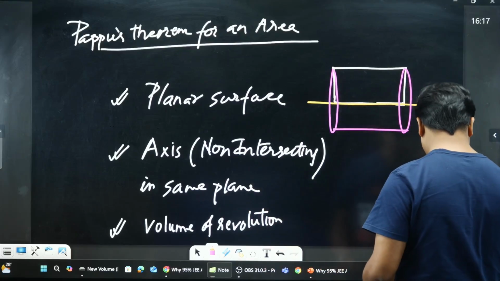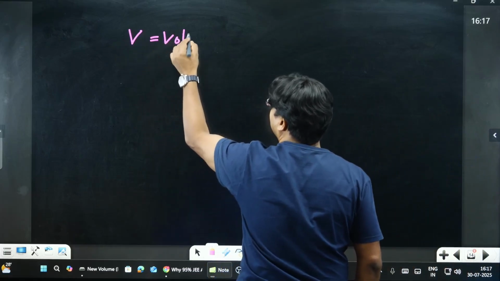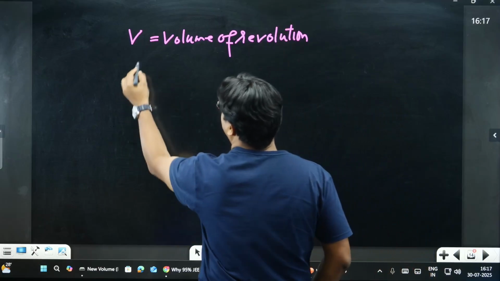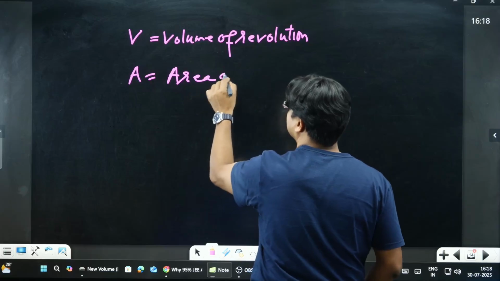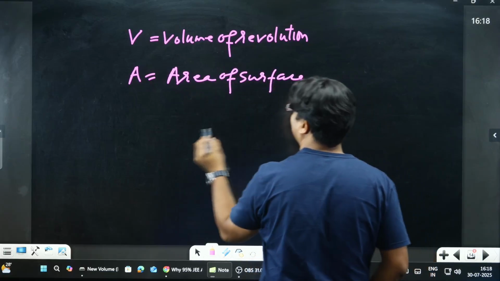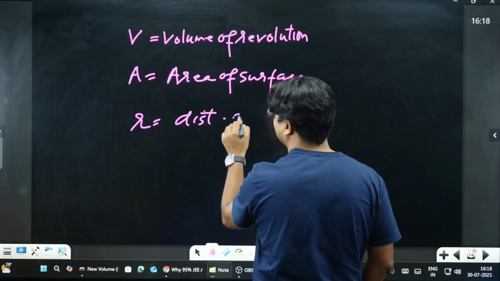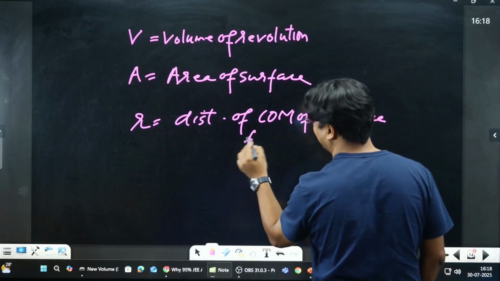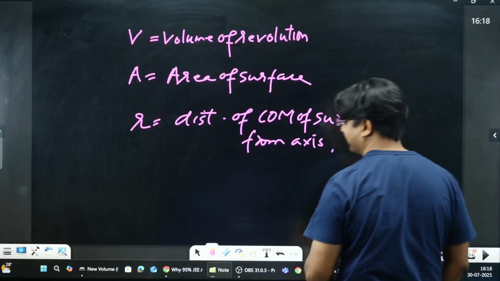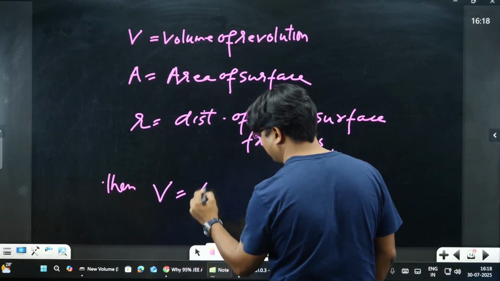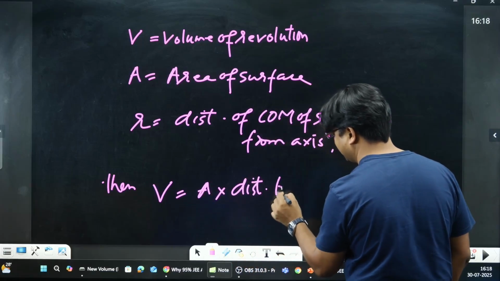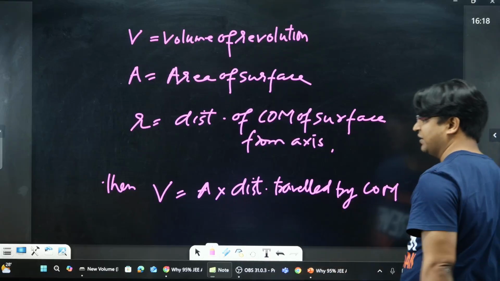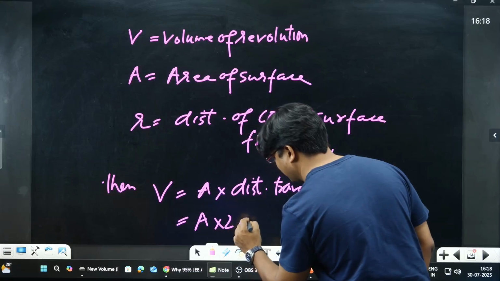Now, what does this theorem say? This theorem says that if V is the volume of revolution that you will get, if A is the area of the surface, and if r is the distance of the center of mass of the surface from the axis, then, very similarly, V will be equal to A into the distance traveled by the COM in one revolution, which will turn out to be A into 2 pi r.